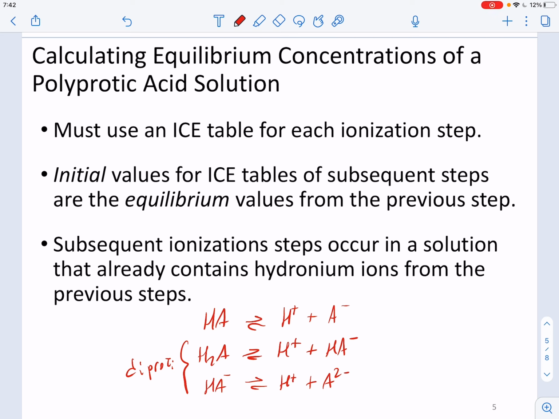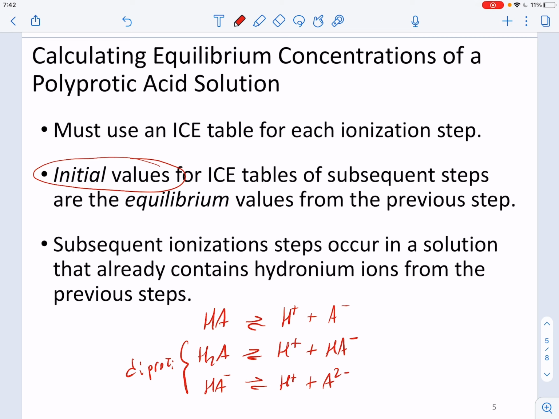And the thing that you have to be careful with is those initial values on the subsequent steps. The initial values will be whatever you release on the first step. And for the third step, whatever you release on the second step is going to become the initial values for your last ICE table. So you have to be careful with that.